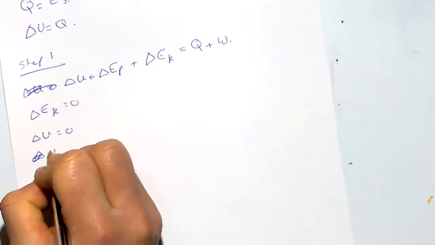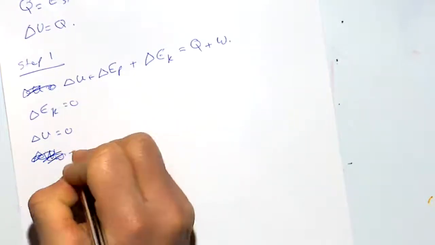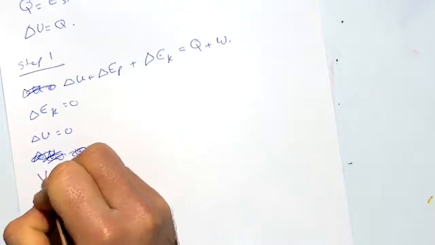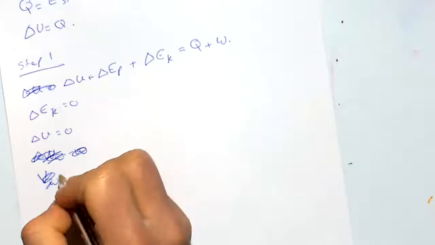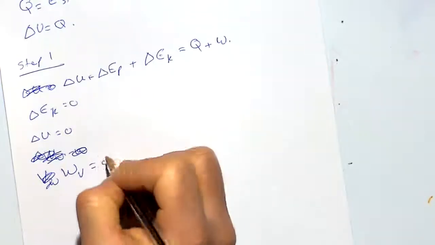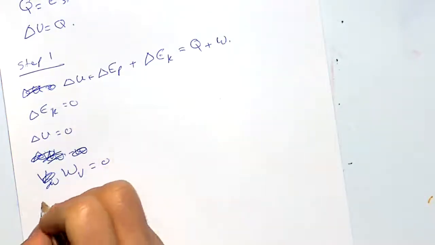Volume work equals 0. And this is why I don't handwrite things. So the work equals delta E potential, using the general work form.